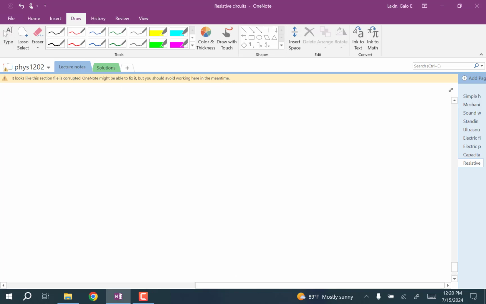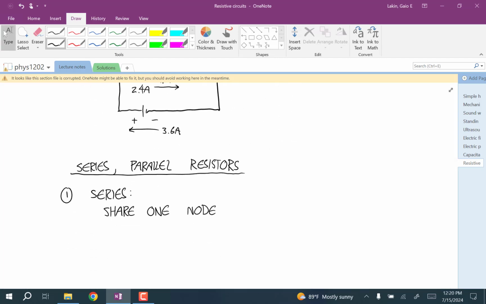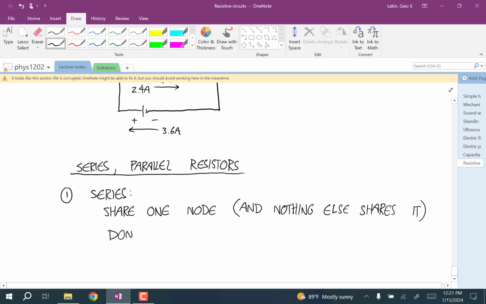Okay, they share one node and nothing else shares that node. And they don't share their other node.